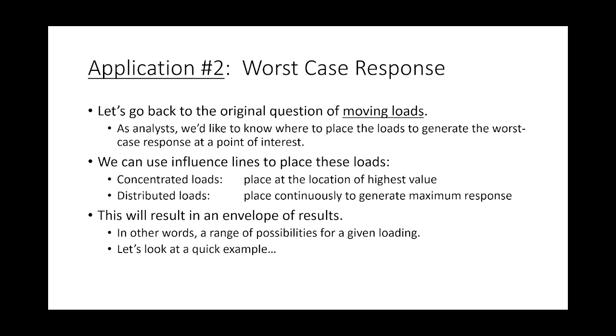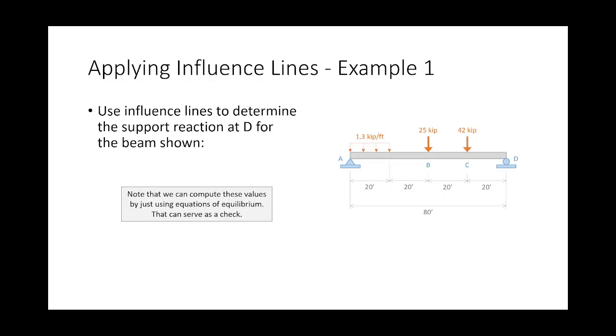Now, influence lines, and this is what our last example just told us, we can use influence lines to do that analysis for us. For concentrated loads, so what does that mean? Concentrated loads, if I have a moving load, let's go back to that previous example. Where would I place a single concentrated load to maximize the reaction at D? Imagine there were no loads on this beam and I had a single 50 kip load.